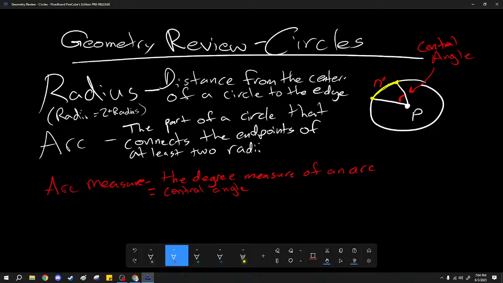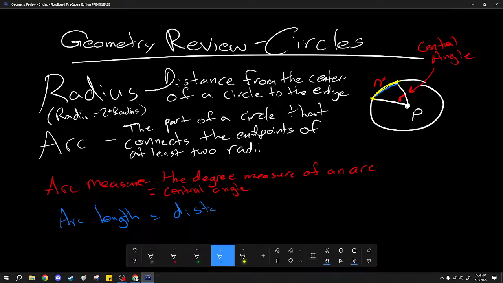That angle measurement that your arm moved is the central angle and also the arc measure. So it's also the angle measurement of that arc. The actual distance that was walked, so from point A to point B, that distance that was walked along the side is called the arc length.